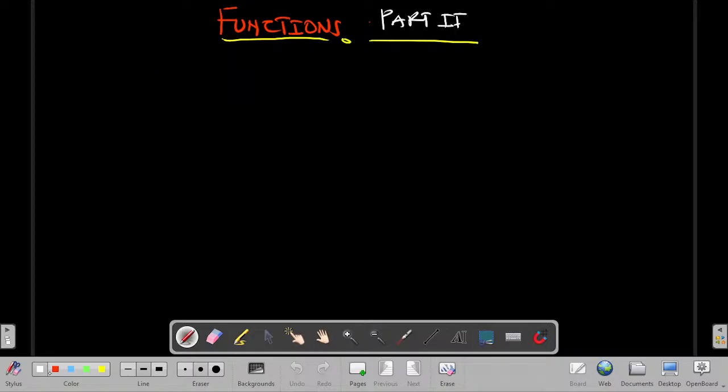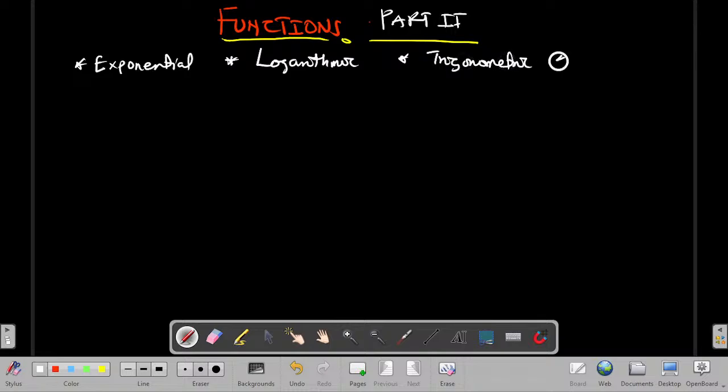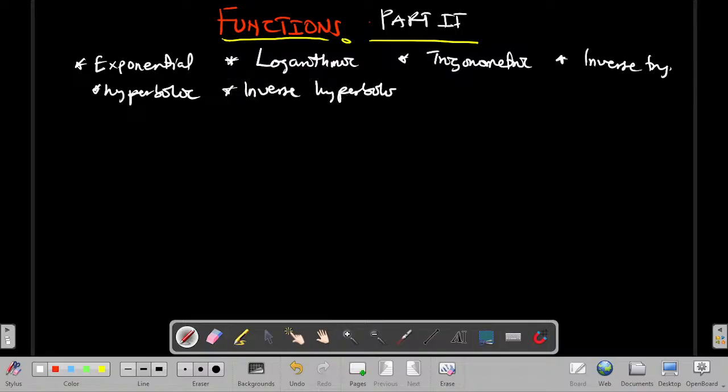We'll do logarithmic functions, so let me list them here. So exponential, you do logarithmic function, then you also do trigonometric function, then you also have the inverse trig. We have what we call hyperbolic function, we also have inverse hyperbolic function, then we have even and odd function.